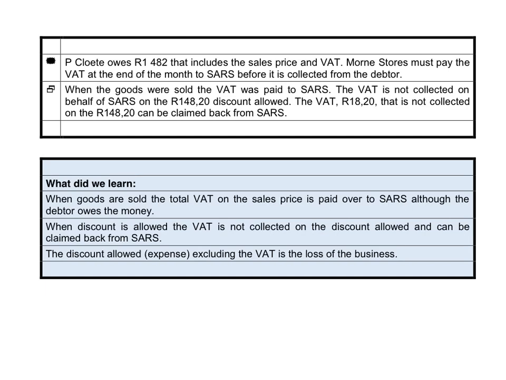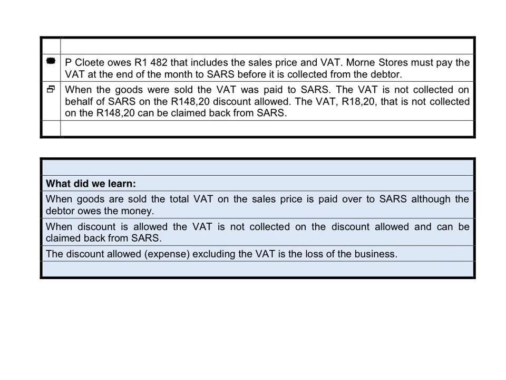When the goods were sold, the VAT was paid to SARS on the total amount of the sales. Now, if they receive discount, it means that we didn't receive the VAT that we were supposed to collect on behalf of SARS. Therefore, the 18 Rand 20 that was not collected can be claimed back from SARS.